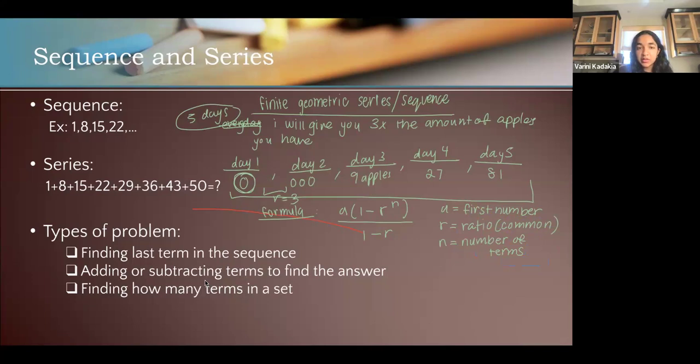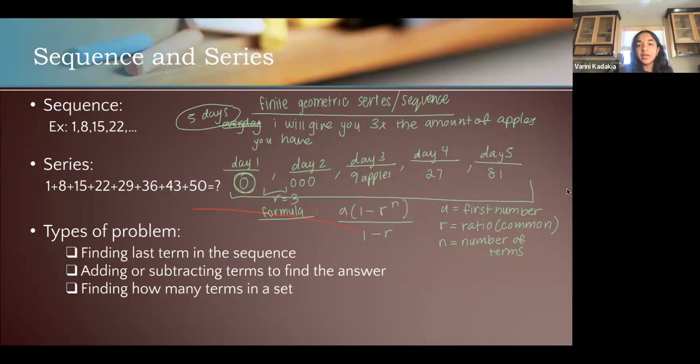Dorcas is raising her hand. I think she wants to understand the n factor in the formula. I wanted to ask if the formula was for only finite or for geometric in general.